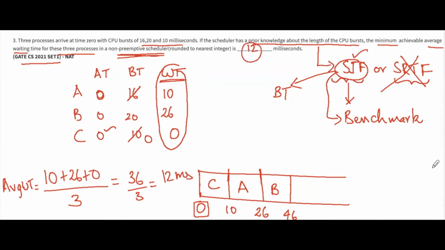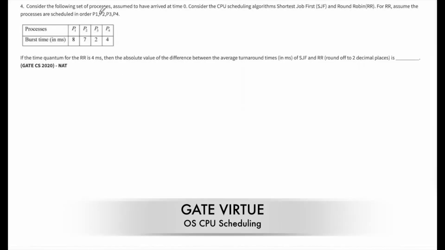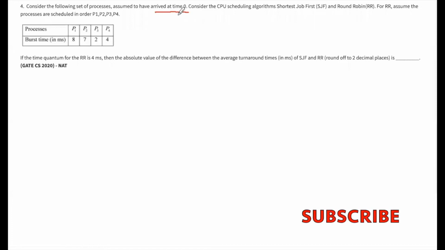Fine. Okay. So here they have given, consider the following set of processes. Assume that they arrive at time 0. Consider the CPU scheduling algorithms SJF and round robin. So they have given two algorithms here. Assume that the processes arrived in order, right? Because they have given arrival time 0, and we have to know the order, right?